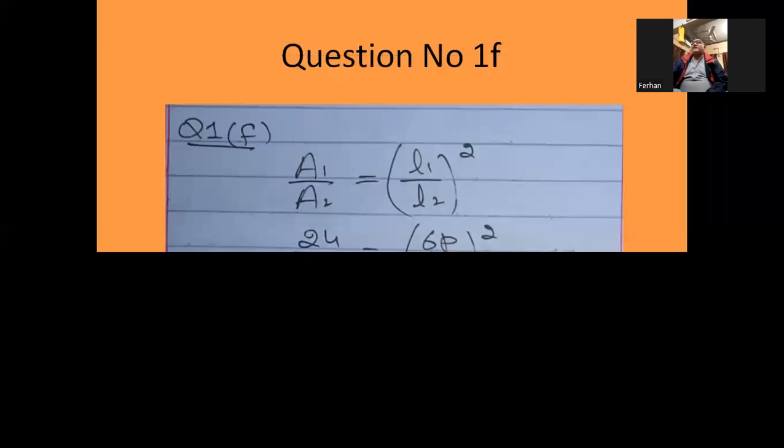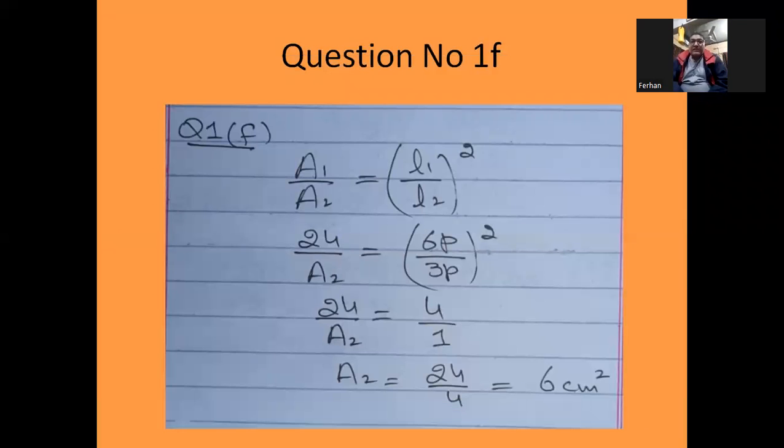Question number 1, and it's F part. Area 1 by area 2 will be equal to the L1 by L2 whole square. 24 by A2 equals bracket 6P divided by 3P bracket close whole square. P and P will be cancelled, 3 and 6 will be cancelled. You get 2 square, which is 4. So you have 24 divided by A2 equals 4 by 1.